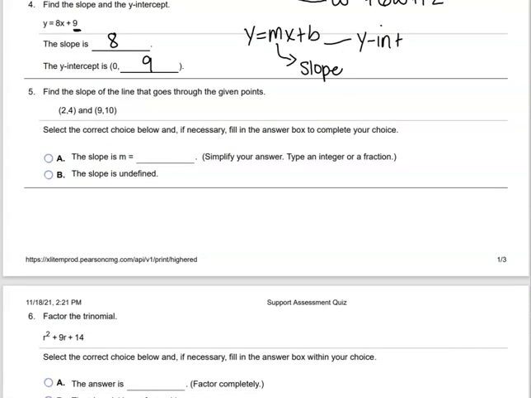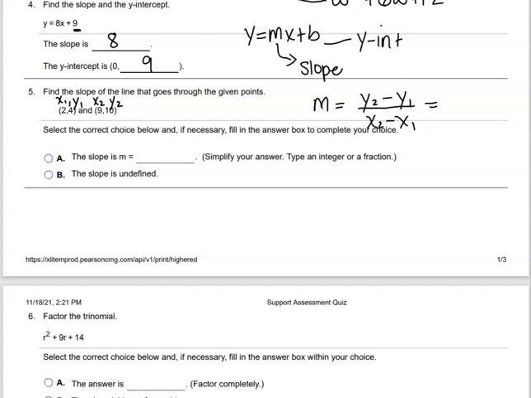Find the slope of the line that goes through the given points. There is a formula that we use to find the slope, and that formula is m, which I don't know why they use m to represent slope, but m is representing slope, equals y2 minus y1 over x2 minus x1. And so you would label these points x1, y1. The x1 is 2, y1 is 4, and then x2 is 9, y2 is 10.